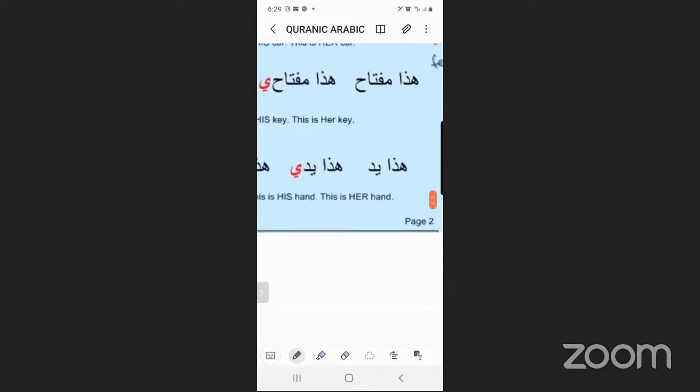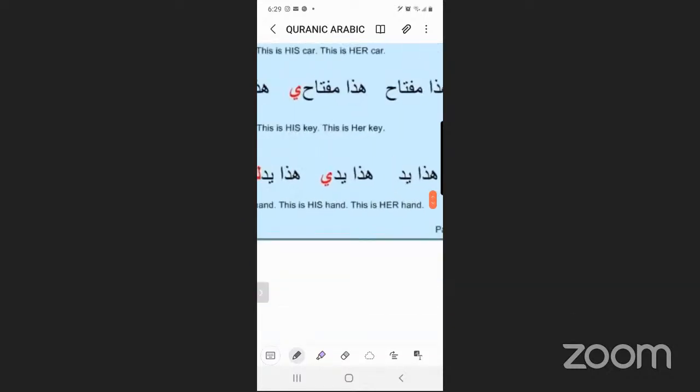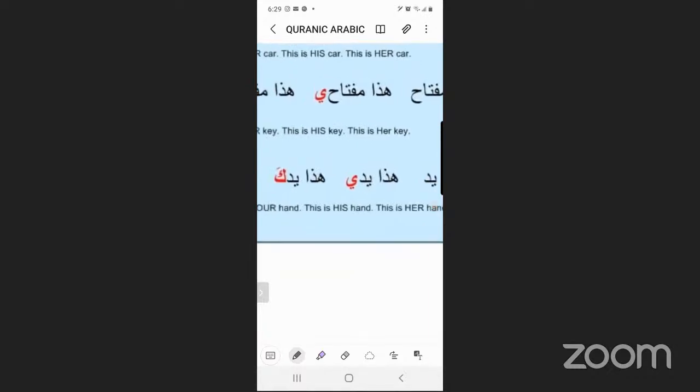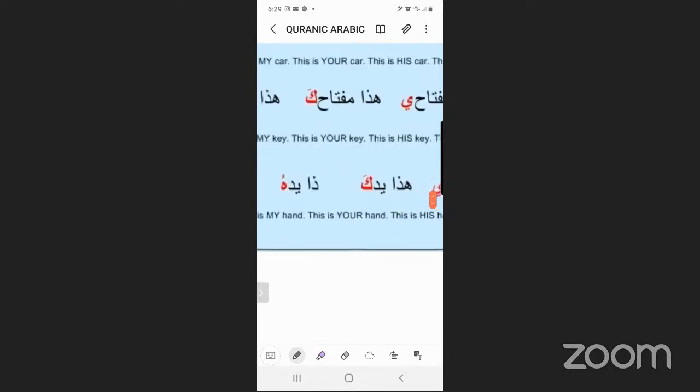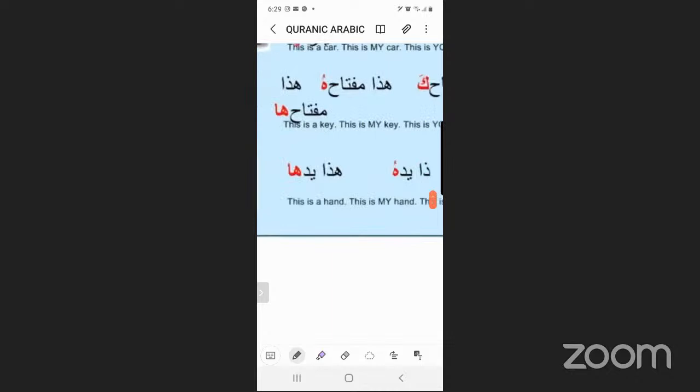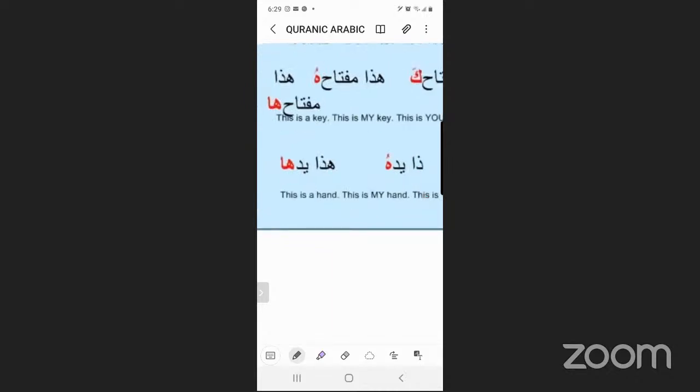So we have هذا مفتاح, this is a key. هذا مفتاحي, this is my key. هذا مفتاحك, this is your key. هذا مفتاحه, this is his key, and هذا مفتاحها, this is her key.